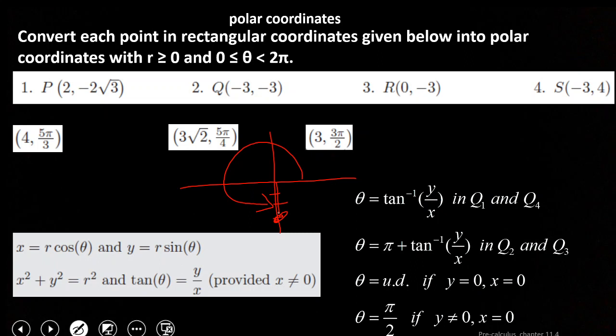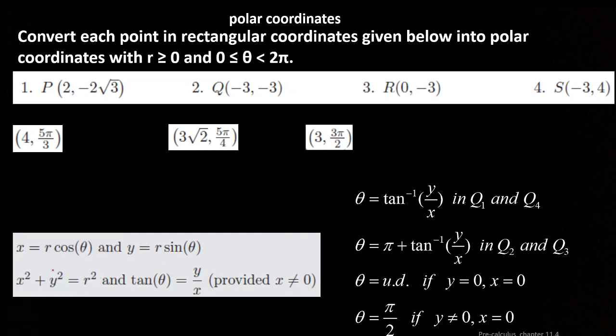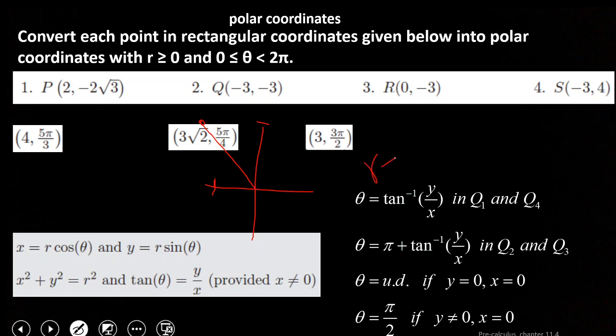And then negative 3 and 4, same kind of idea. We can graph it and see where it is. So negative 3 and 4 is over here somewhere. So r is going to be the square root of 9 plus 16, which is 25. So that's 5.